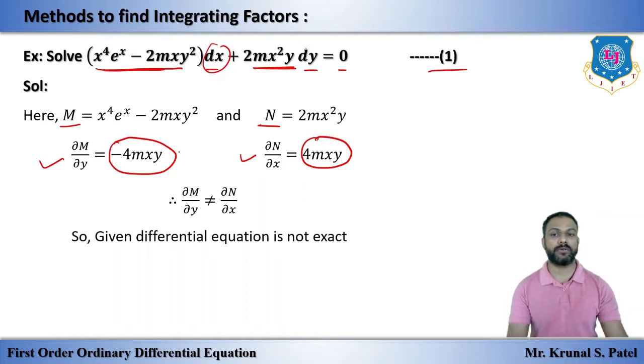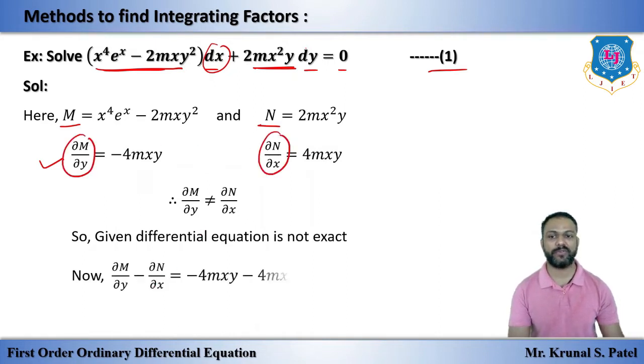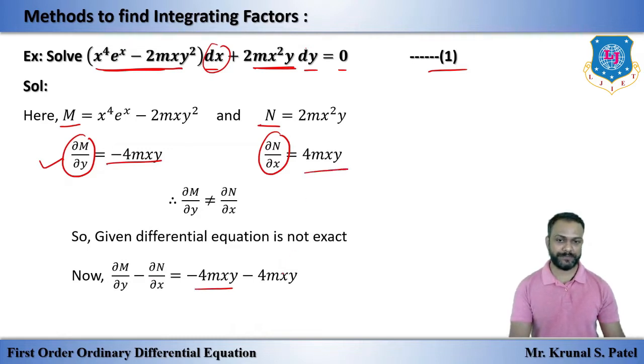In 3 and 4, what we should do is find the difference del M by del y minus del N by del x. So first we will find del M by del y minus del N by del x. That means minus of 4mxy minus 4mxy, so we have minus 8mxy.